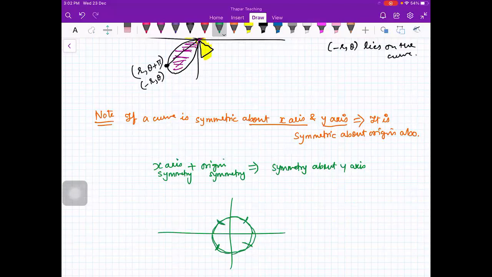So it means that a curve will have either one symmetry or three symmetries. It cannot have two symmetries.